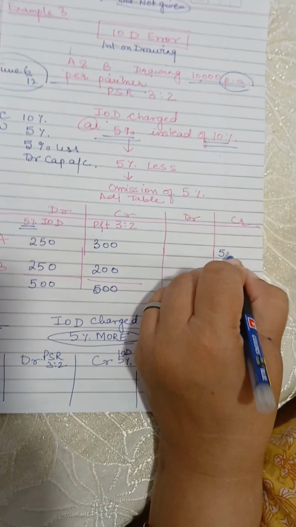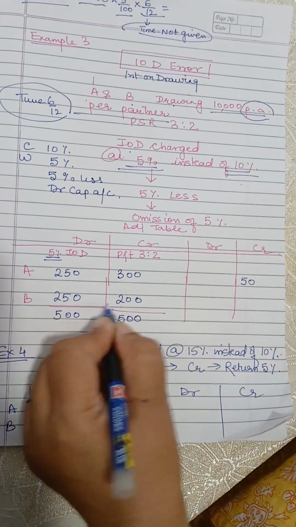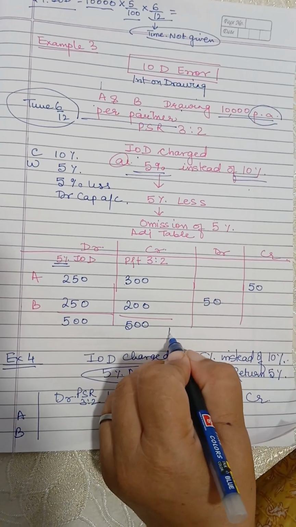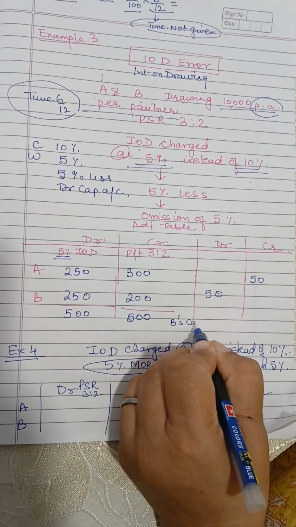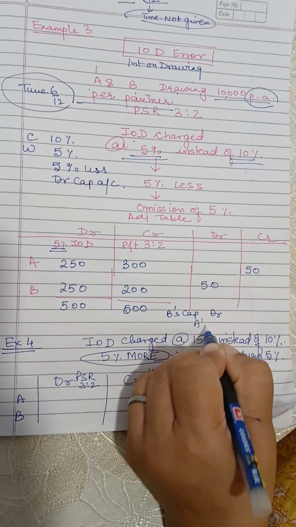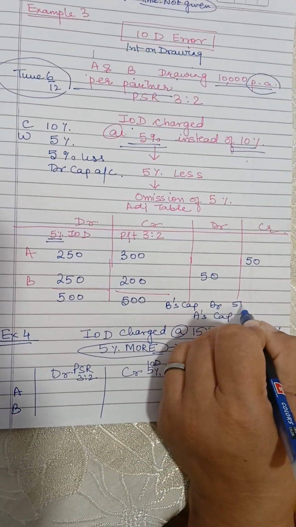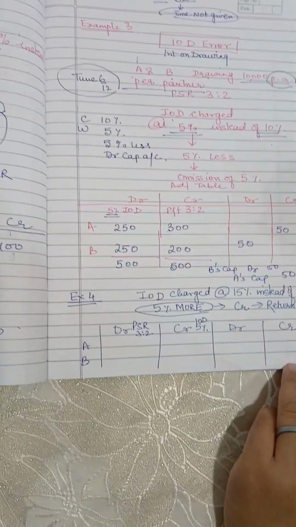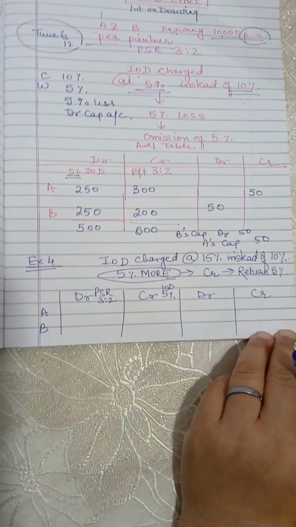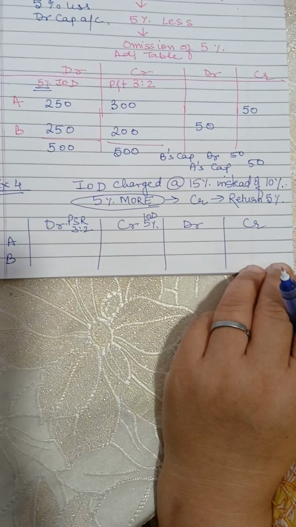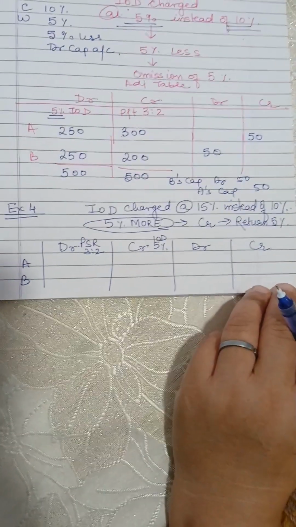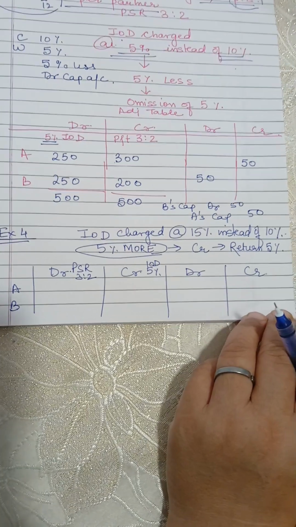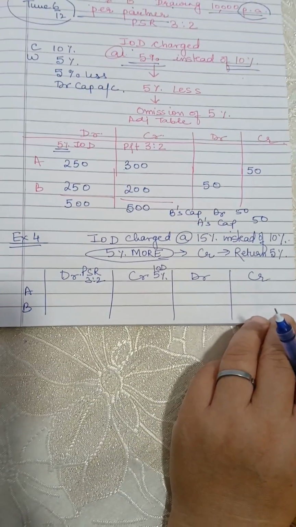So let's continue with the adjustment table. 300 is more, here 250 is more, and the entry becomes B's capital debit, A's capital credit, 50 rupees. On the other hand, in the same example, if more IOD was given, same example, 10,000 rupees per partner drawing, time not given, we are taking it as 6 by 12, PSR 3:2.